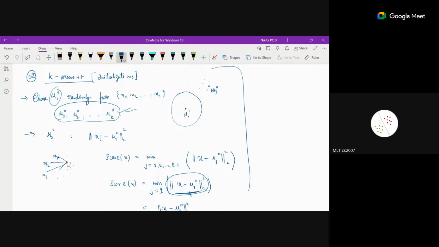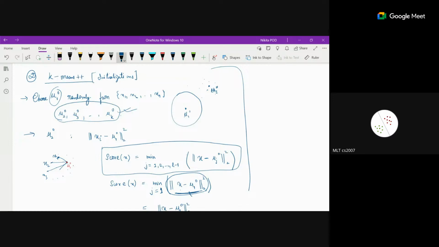So that is why we are calculating these scores, and the score is given by this formula. Once we compute the scores, we can find the distribution of the distances for these data points. This k means plus plus is a probabilistic way to choose the cluster means.